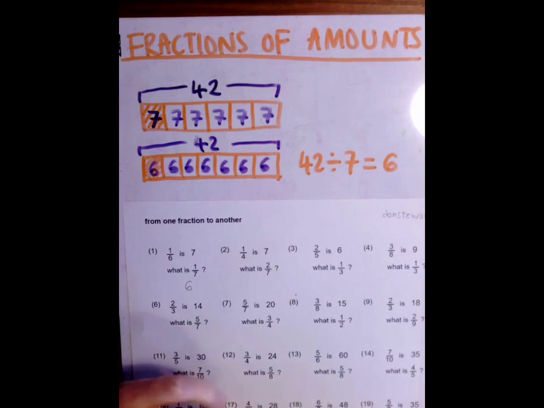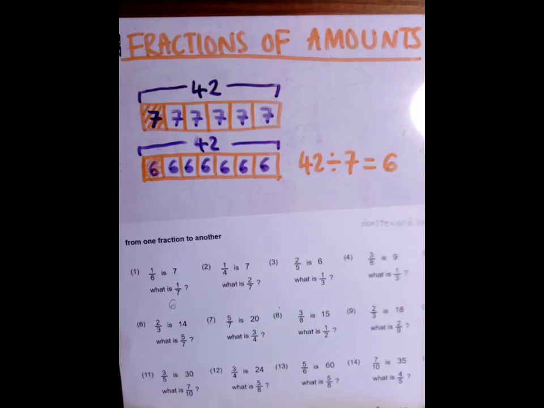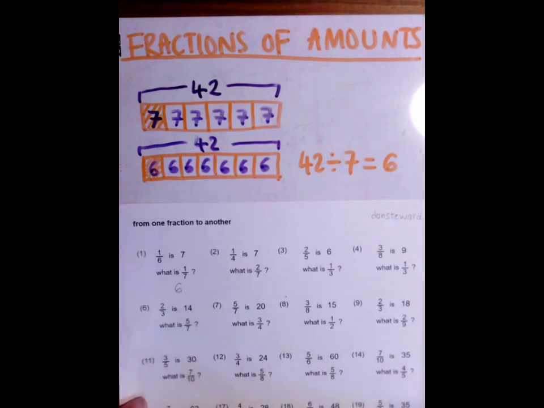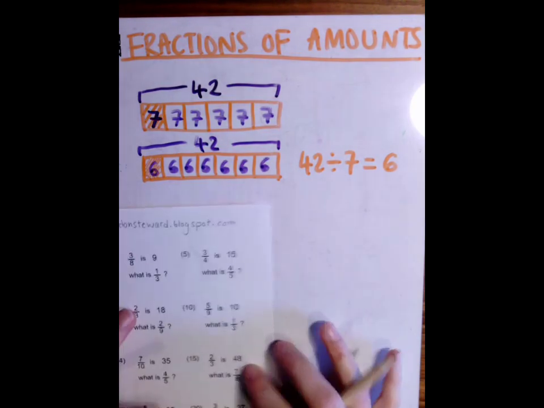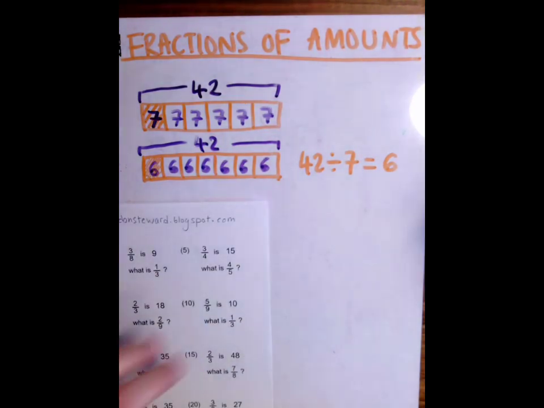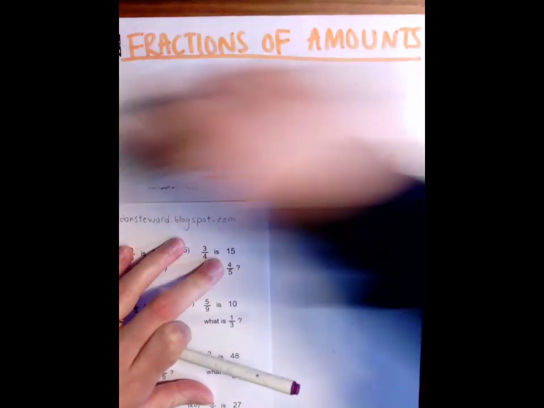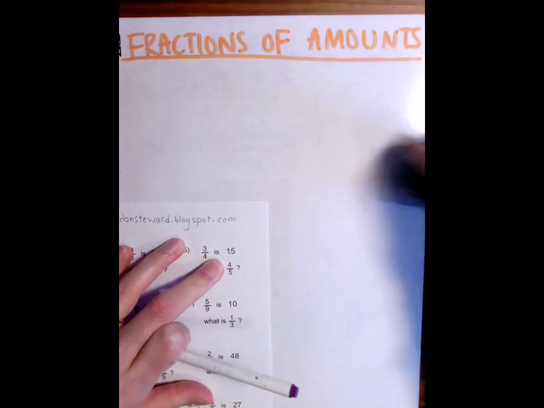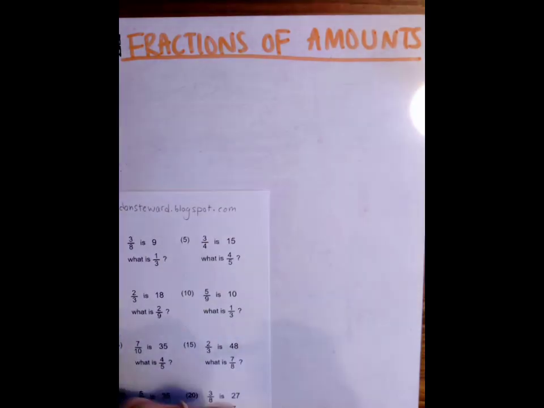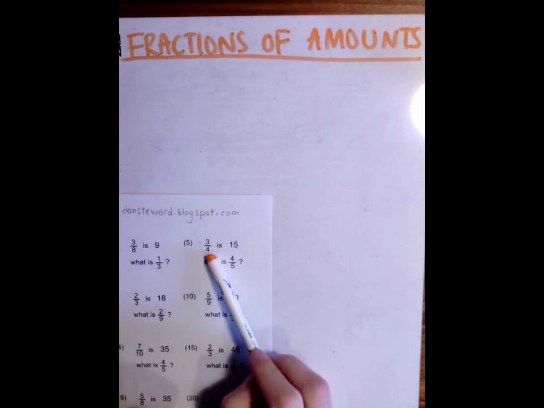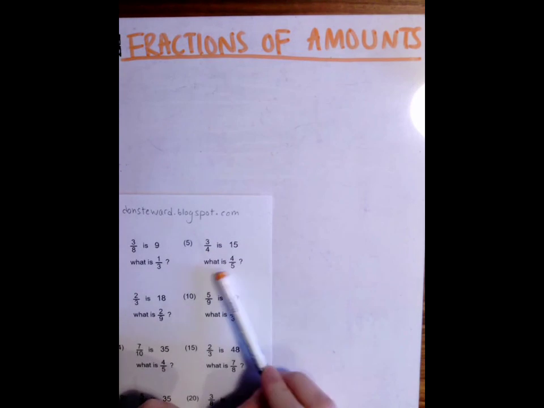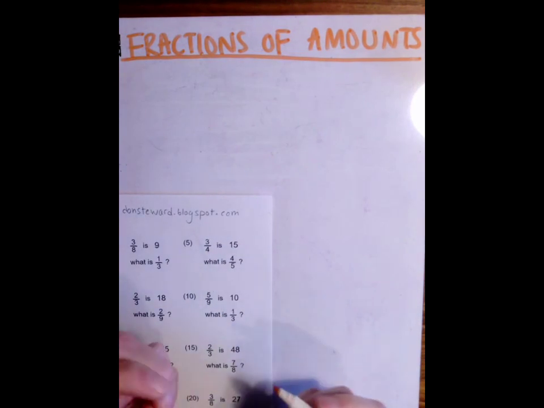Okay, so let's look at now a slightly harder one further along the sheet. Okay, they get progressively harder, these questions. So I'm now going to look at number 5. So this time it's told me that 3/4 is 15, and we want to find out what 4/5 is.